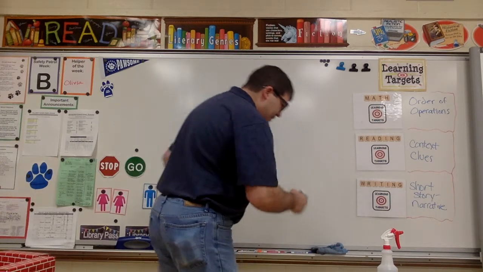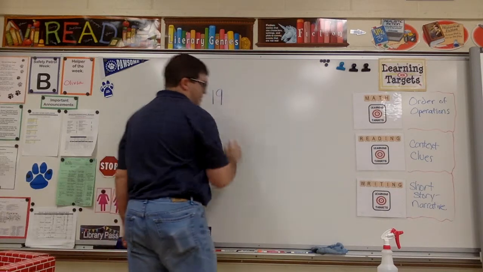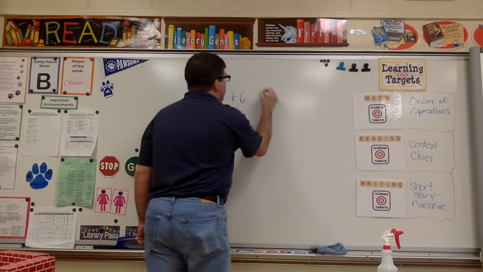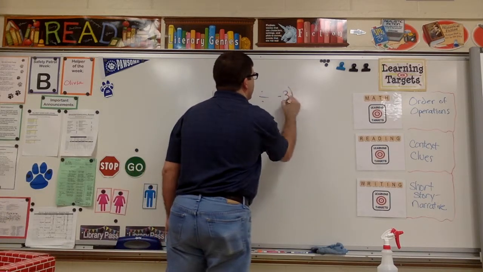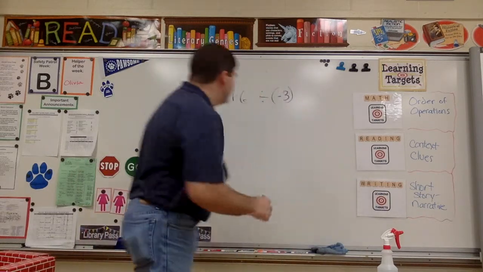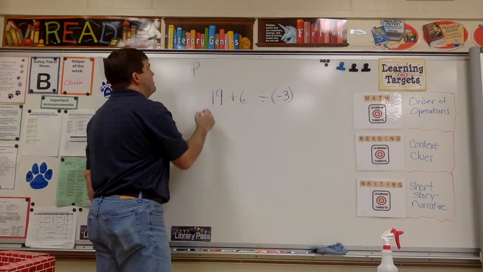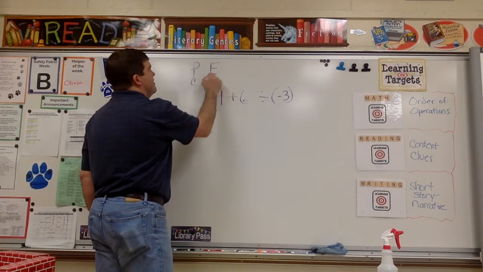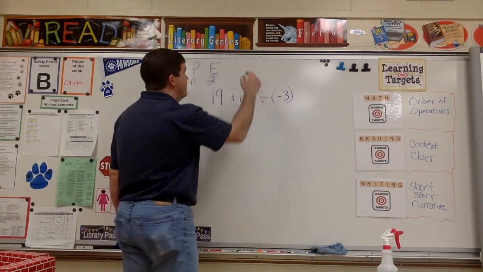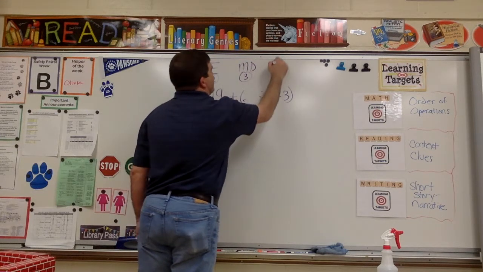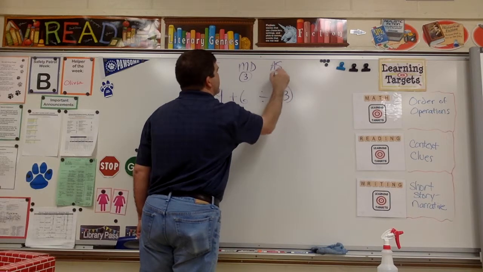It is 19 plus 6 divided by a negative 3. And order of operations tells us, parentheses first, exponents second, the third step is the multiplying and dividing, and then the fourth step is the adding and subtracting.